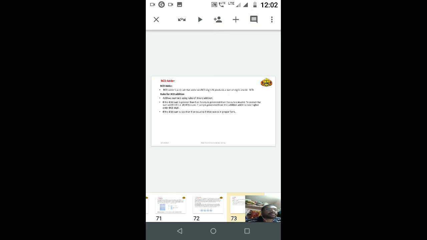So if the 4 bit sum is greater than 9, or if a carry is generated, then the sum is invalid. This point is so important. If you perform the addition of BCD numbers of 4 bits, and a carry is generated while getting the result, then the sum is invalid, meaning your result is invalid, because a carry is generated.